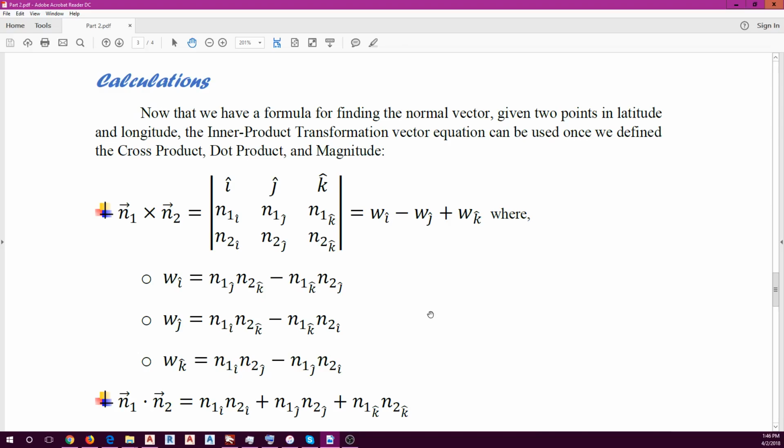So an example is, if you were to take the dot product between the positive x-axis and the positive y-axis, the dot product is 0. And what that means is 0% of any portion of those vectors agrees with the other.